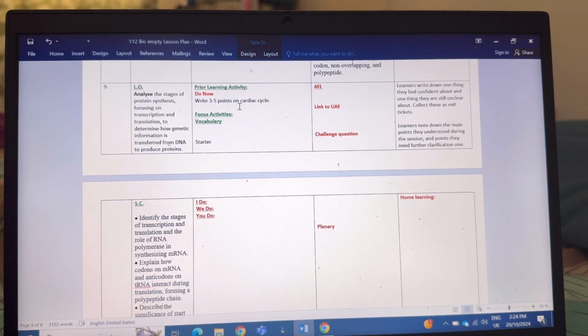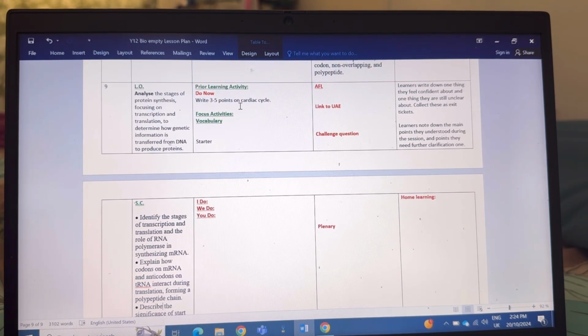So by the time I connect my laptop, open my PowerPoint and do all those things for my next lesson, since even I take 5 minutes to settle down for the next class, kids will enter the class, see the do now activity and start writing in the notebook.